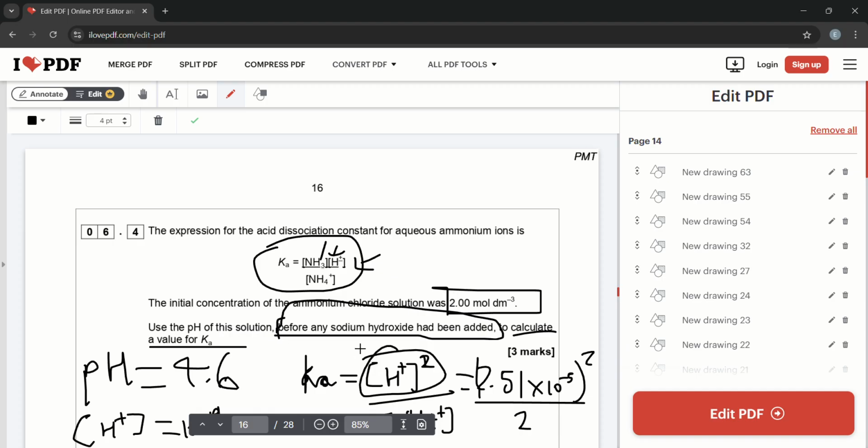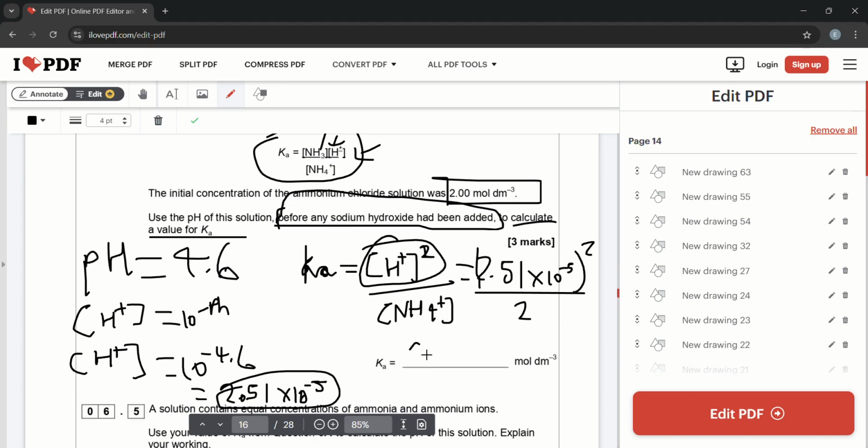So it's going to be that squared, divided by 2.51 times 10 to the power minus 5, and we get 3.15 times 10 to the power minus 10 moles per dm cubed.